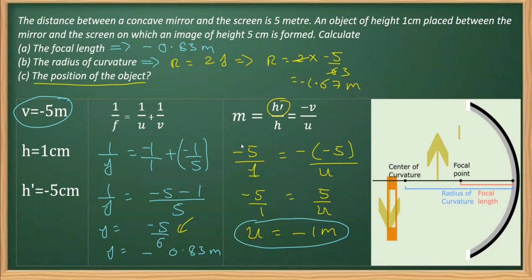And the position of the object is u, which we have already calculated. So the object is placed at a distance of 1 meter in front of the mirror.